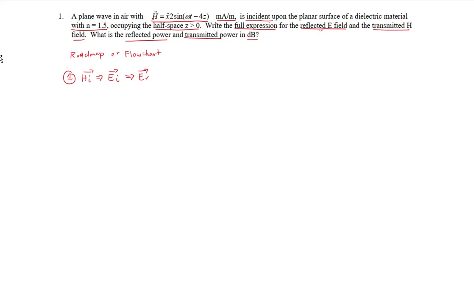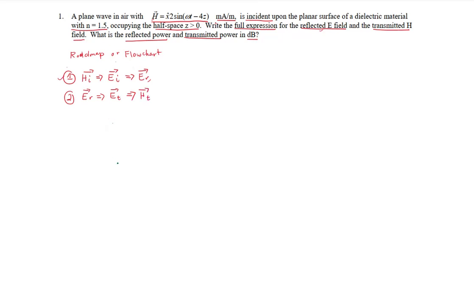But how about the transmitted H field? If we arrive at E sub R, we can get from E sub R to E sub T, the transmitted E field, and from E sub T we can finally arrive at H of T.